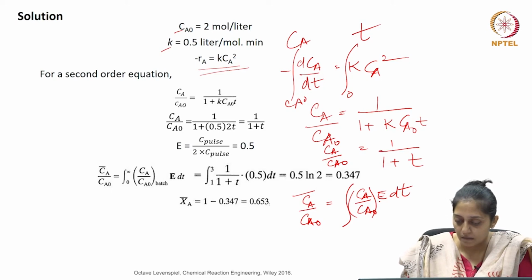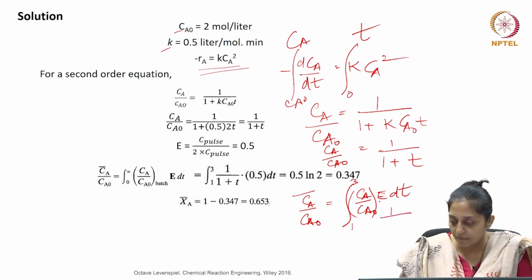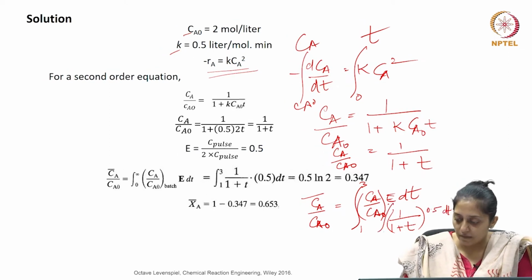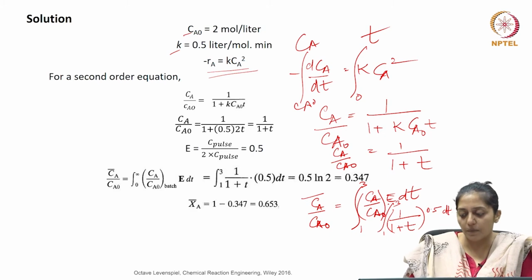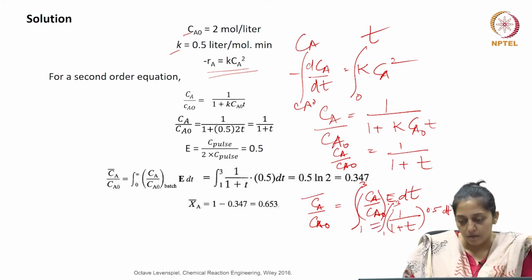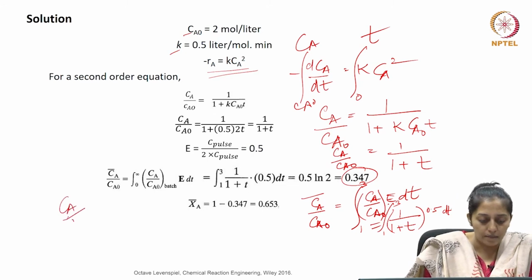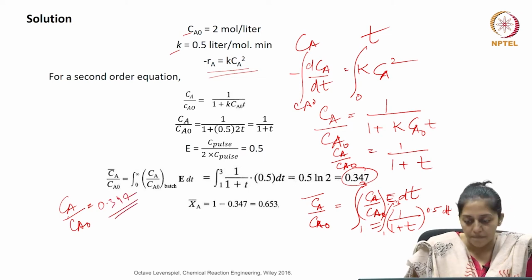Now CA by CA naught between 1 to 3 can be given by the function 1 by 1 plus t. The E value in this time is 0.5 and the integral limits will be between 1 and 3. If we solve this, we will find that the actual CA by CA naught fraction comes out to be 0.347, and not just as it would have been with 1 by 1 plus t.